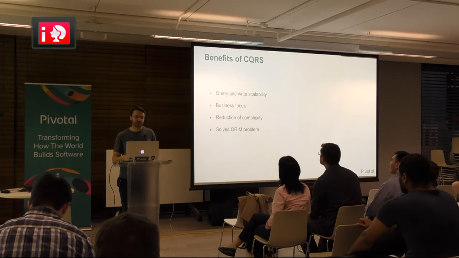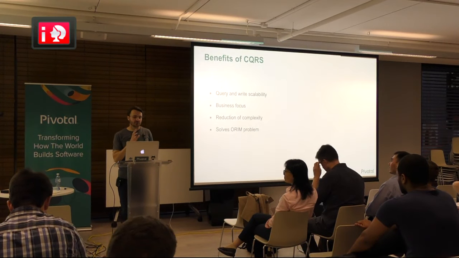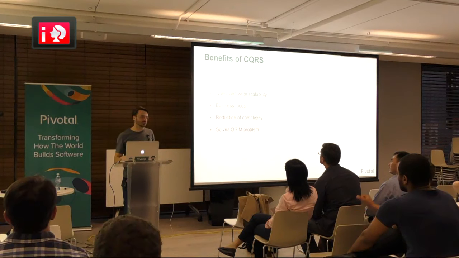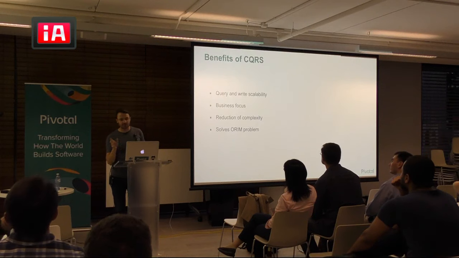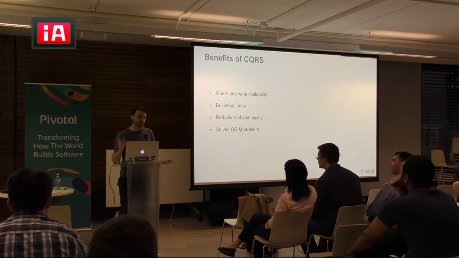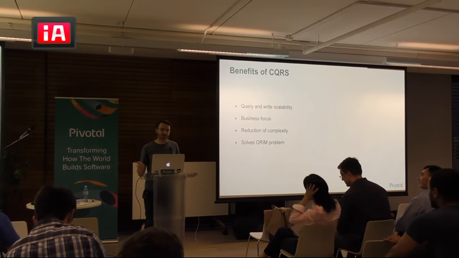So the benefits of CQRS: you can scale query and write separately. Think about that. Commonly you have a ratio of 1 to 100 in writes and reads in applications.